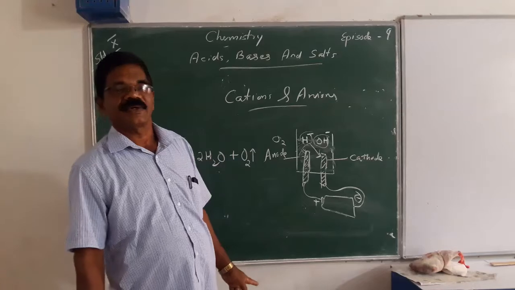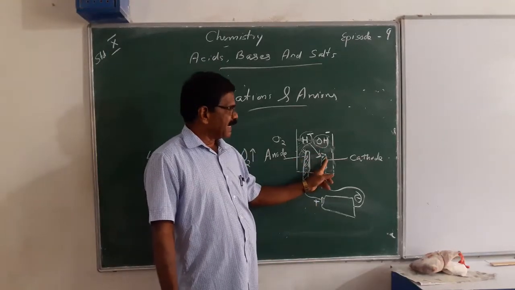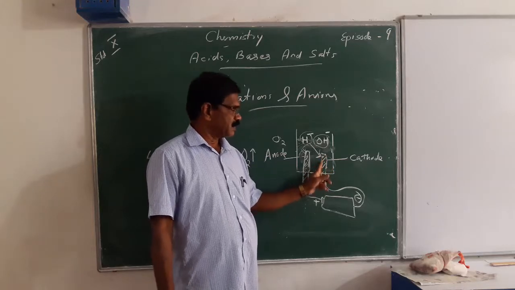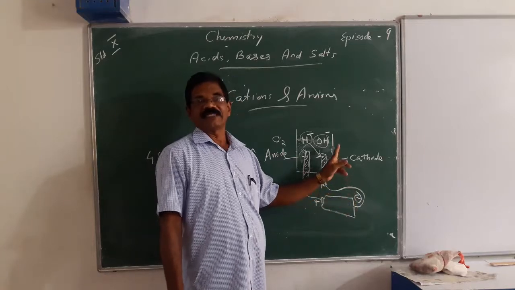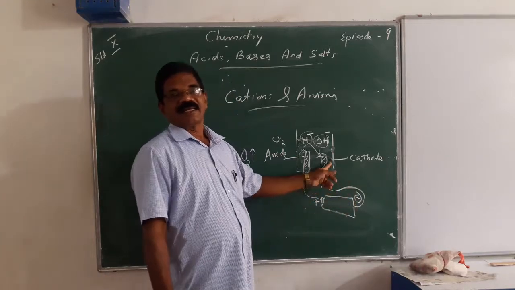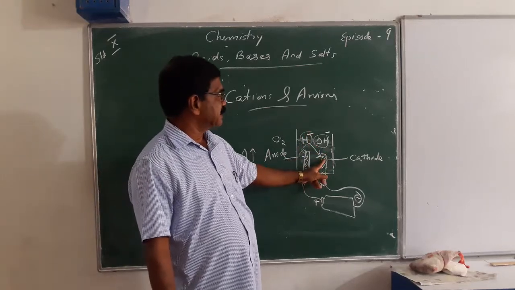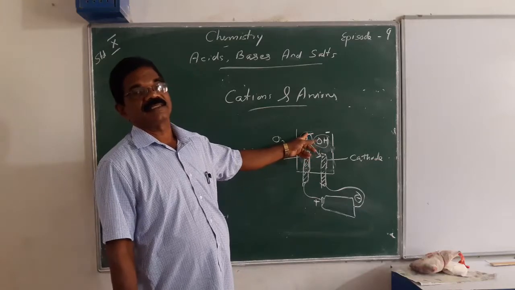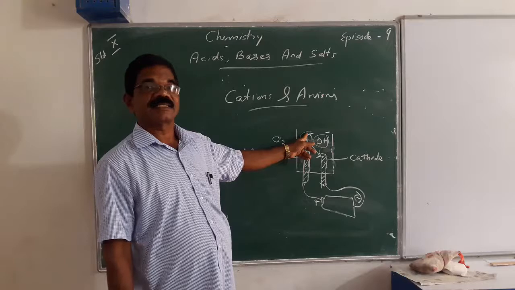Now what are cations? The charge of the cathode is negative, because it is connected to the negative pole of the cell, or cathode is the negative electrode. Cathode is the negative electrode, so it attracts positive ions. We already studied in lower classes: like charges repel, unlike charges attract.